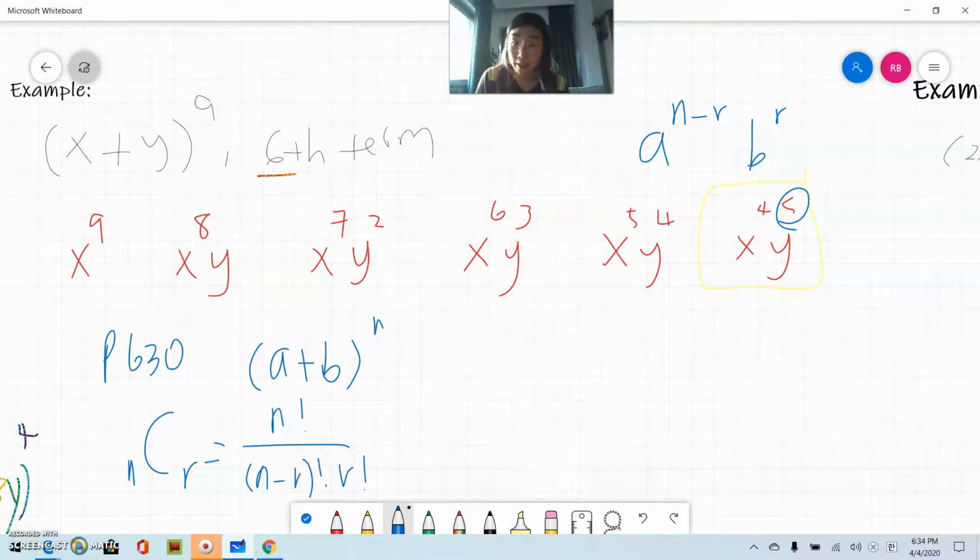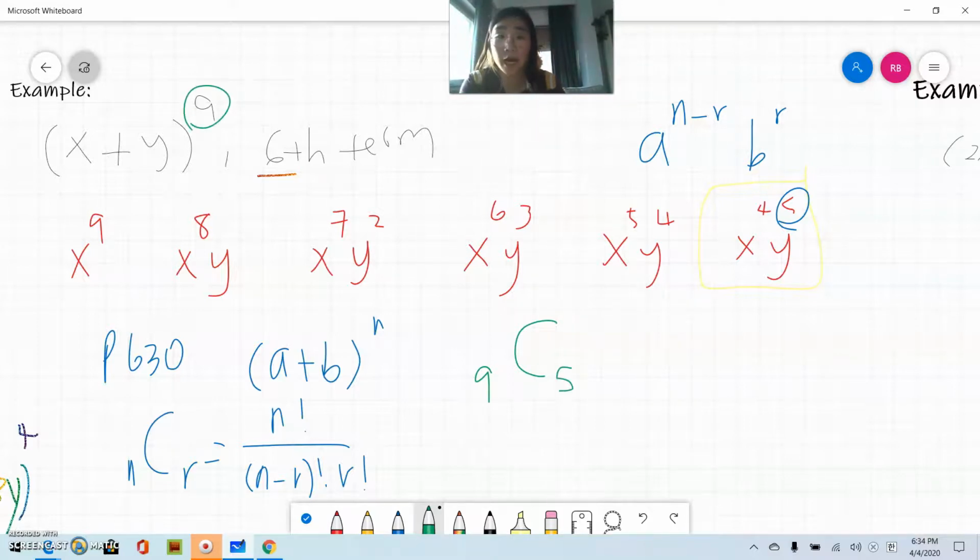That's why I was explaining to you in terms of the power of y instead of the power of x. Since I'm looking for the sixth term, r is not equal to 6. It's always 1 less than the number you're looking for. So r is 5 in this question. And we're using 9 because that's the power that we are raising to.